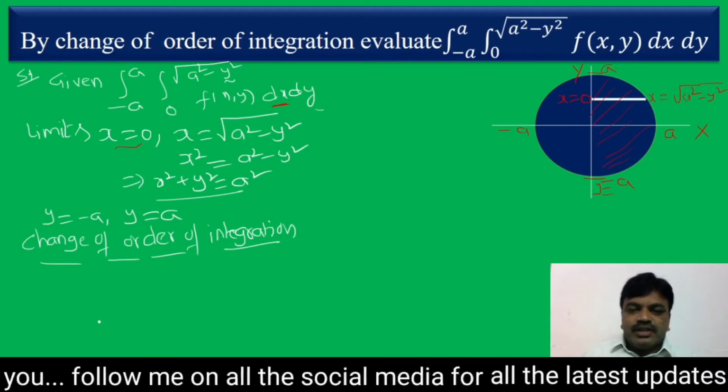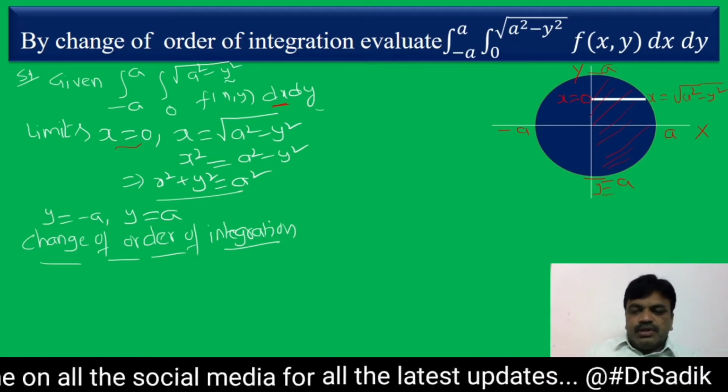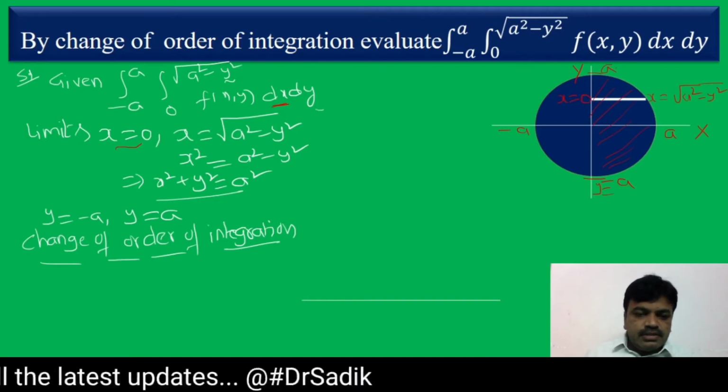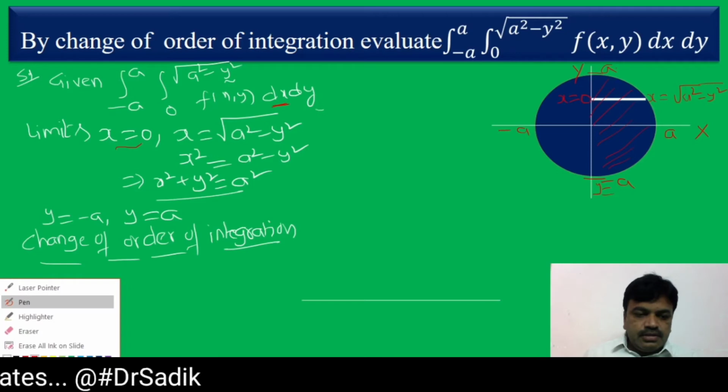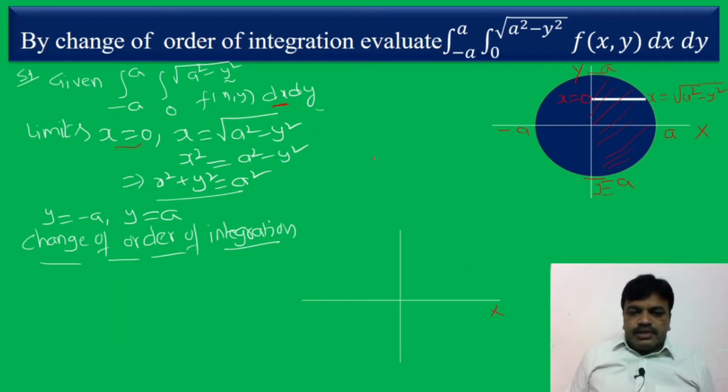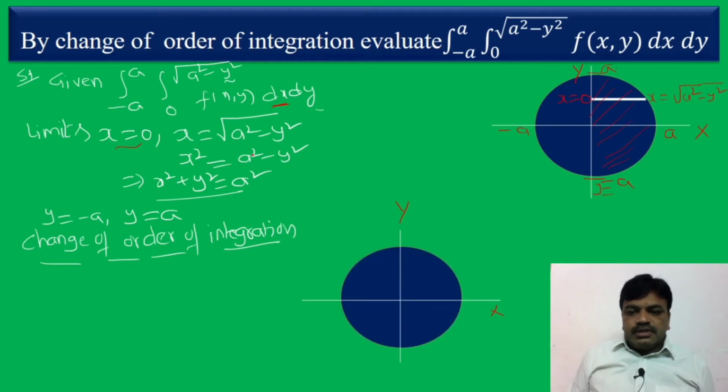So again I want to draw the same graph, friends. This is the x-axis, this is the y-axis. This is the curve, and this is our region. This time we draw which strip?